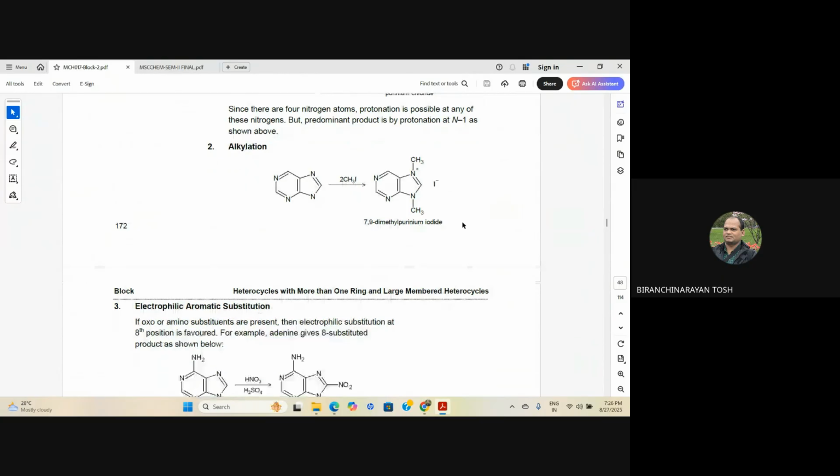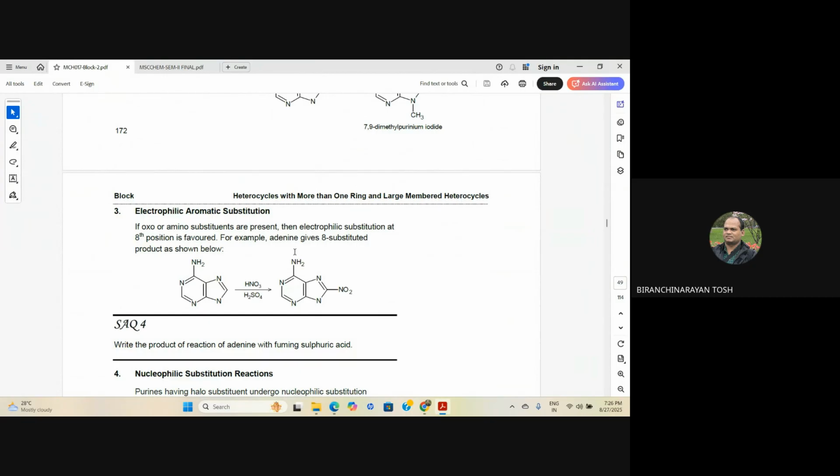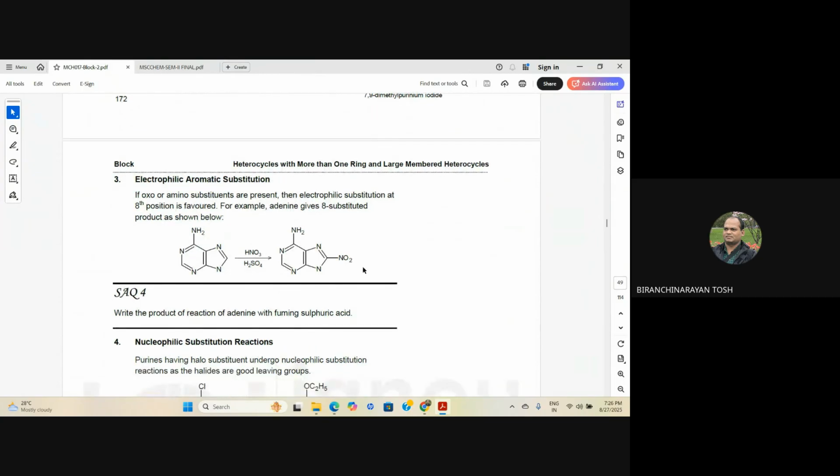Then electrophilic aromatic substitution: nitration takes place at the 8 position to give the 8-substituted product. Nitration can be carried out with a mixture of nitric acid and sulfuric acid.